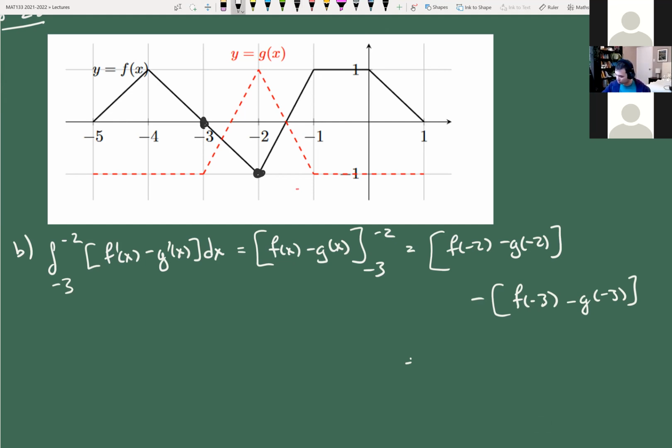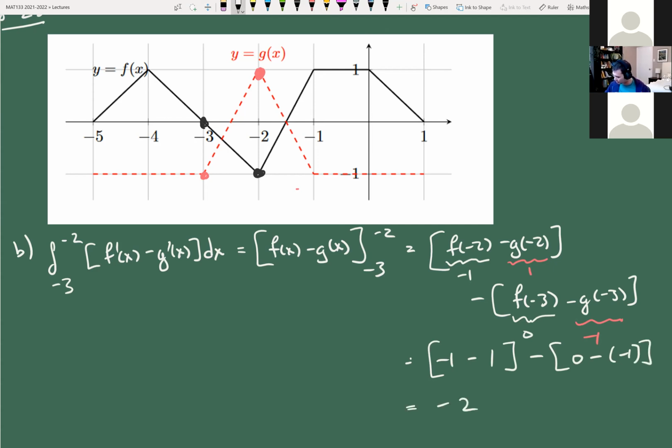So f of -2 is -1, and this number here is 0. As for g of -2 is +1, and g of -3 is -1, right? So we're going to get -1 minus 1 minus 0 minus -1. And be careful with your minus signs because there's a whole bunch of minus signs here. So that is -3.